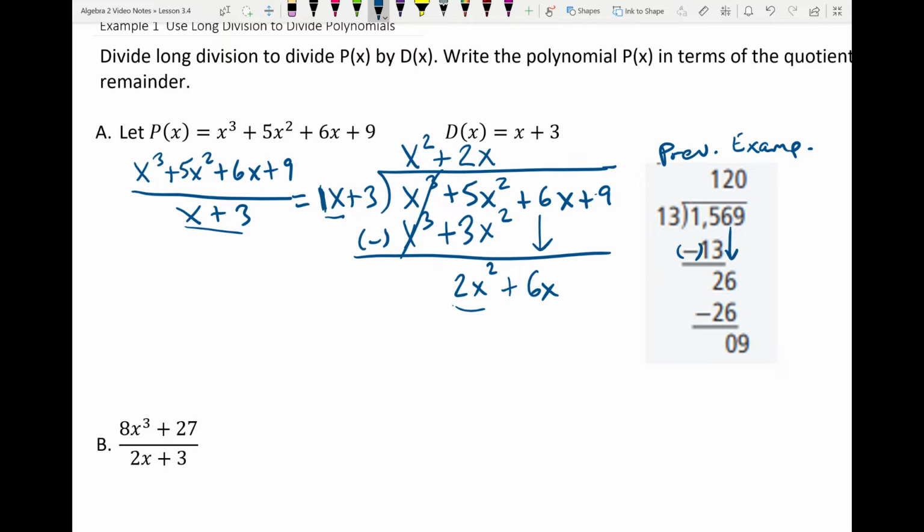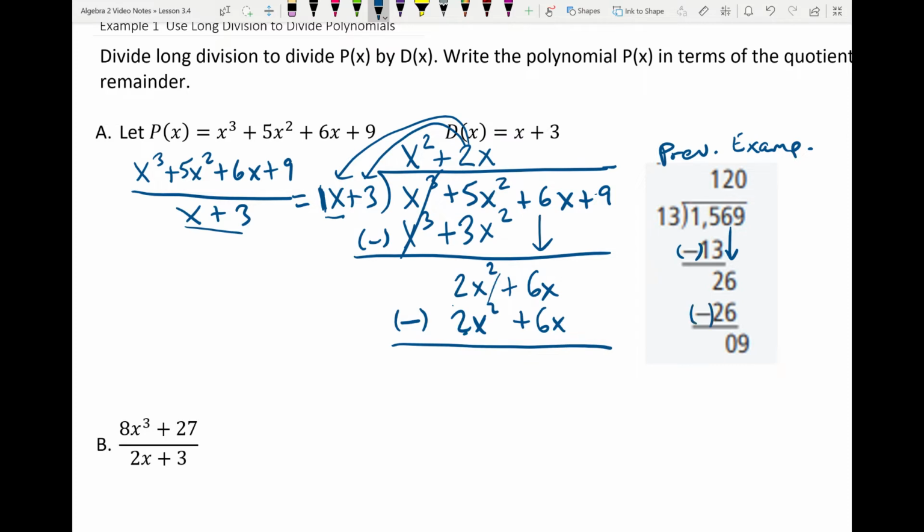All right, so now let's multiply that again, right? Distribute. So 2x times 1x is 2x squared. And then we're subtracting. And then 2x times 3 is 6x. Subtract those, again, just like we did here, and you get these cancel out.